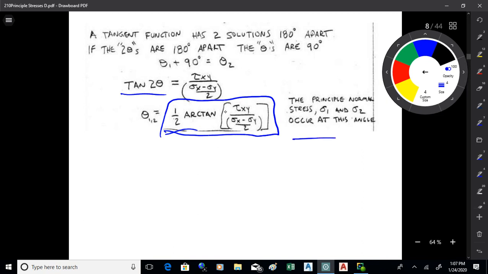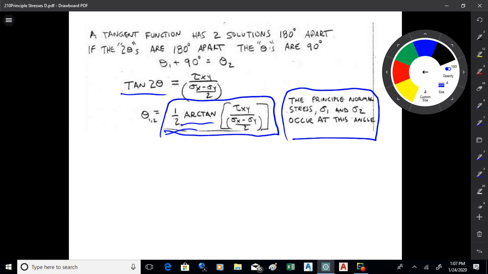So that's where the maximum stresses act. Remember that arctan has 2 solutions, so there are going to be 2 angles that fit that equation. Those angles correspond to the maximum normal stress and the minimum normal stress. There are 2 solutions, one max, one min.